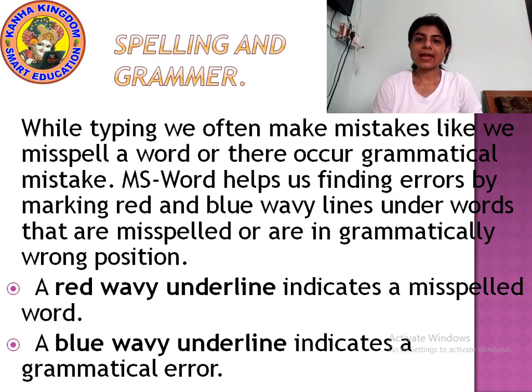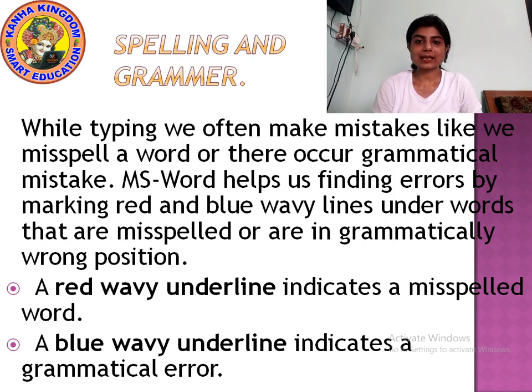This MS Word helps us find errors. And how can we find that error? Suppose we have typed a wrong spelling. MS Word will mark that spelling with red or blue wavy lines, so that we will come to know that the spelling that we have typed is wrong.